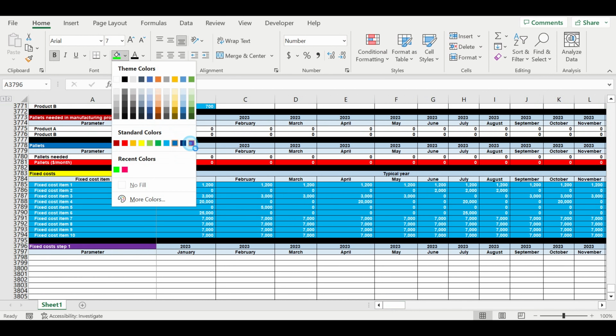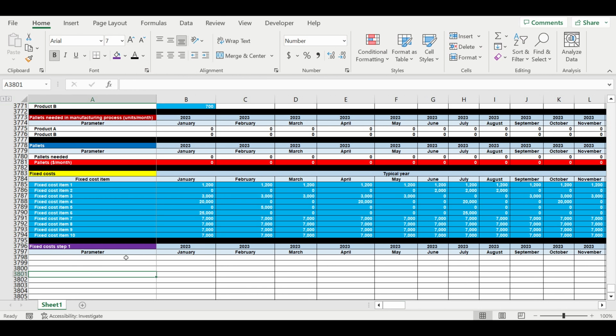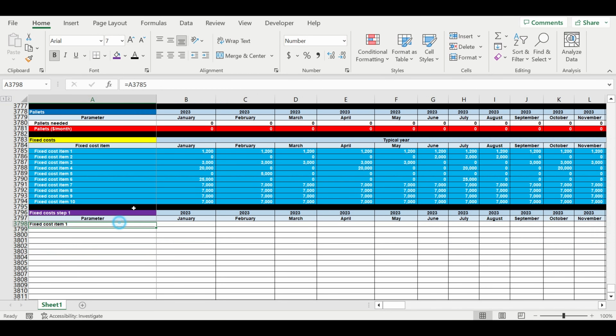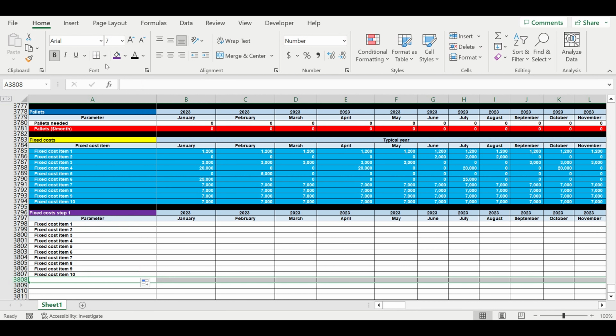So here we will place the names of fixed cost items. And now here let's place the data.